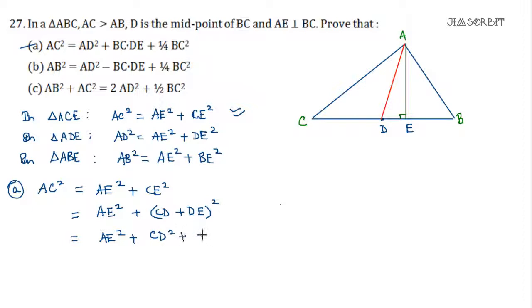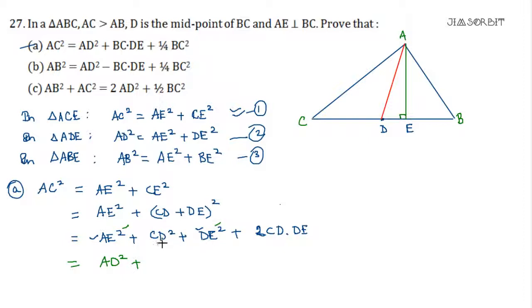So CD square plus DE square plus 2 times CD into DE. Okay, 2 times this. Now we have got this AE square and DE square. This is what we have to see in the second equation. If we notice carefully, we find that AE square plus DE square is AD square.